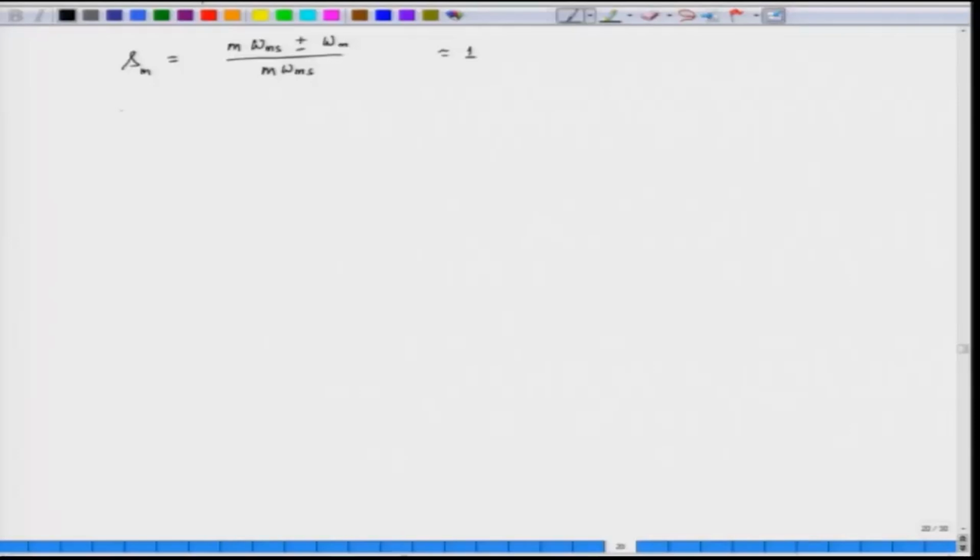For mth order, we can say that this is m into omega ms plus minus omega m by m into omega ms. So, this plus sign is for the negative sequence component and the minus sign is for the positive sequence component. So, for harmonics of higher order the slip is close to 1, but we have to calculate for a given frequency.